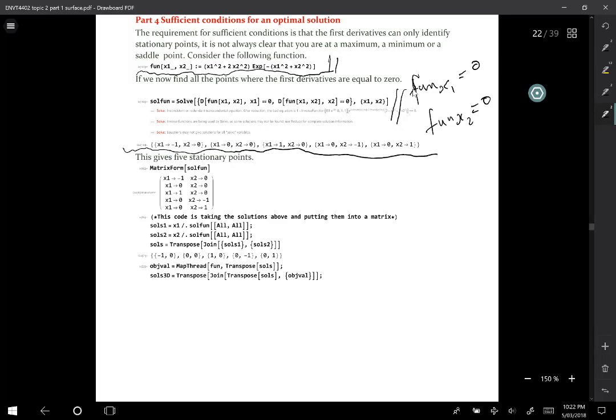Probably would take me about an hour to solve this if I didn't have Mathematica at hand. Then for this function, you get 5 stationary points, and that's without having any constraints. And the stationary points are listed there, and we put them into a matrix so that we can use them later.